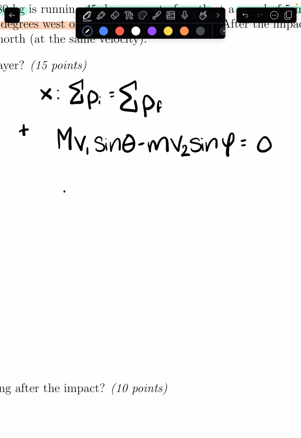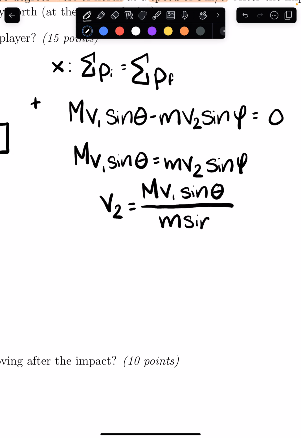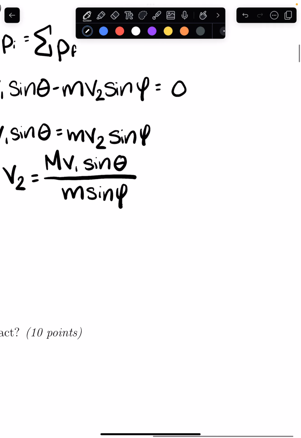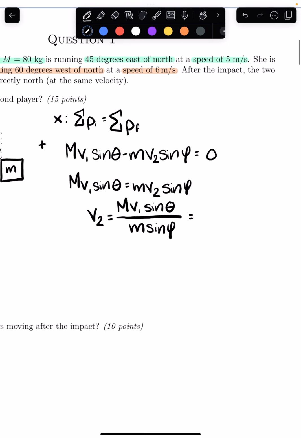So we'll get that M v1 sine theta is equal to m v2 sine phi, and we can just divide everything over, so we can get that v2 is equal to M v1 sine theta over little m sine phi. And you can just sub in your values here and solve.